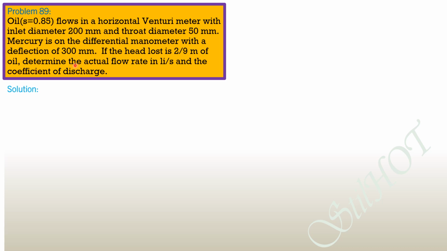So for the solution, let's have the formula which I derived in the lecture part on the Venturi meter. Q, the actual discharge, equals pi over 4 times the diameter of the inlet squared times the diameter of the throat squared, times the root of 2g times the quantity h minus head loss, divided by the diameter of the inlet to the fourth minus the diameter of the throat to the fourth.